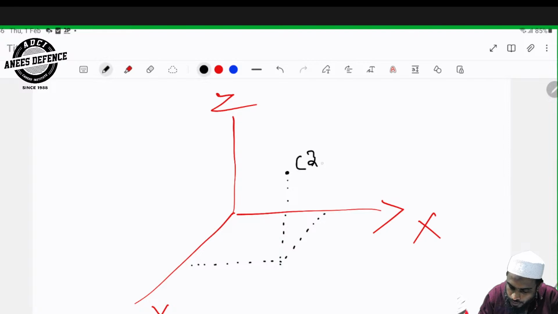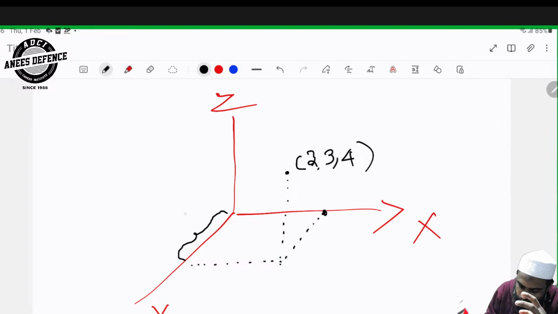2, 3, 4. So this is actually a point in free space. This distance is 3, because along the y-axis my point is 3 units in the y direction, and my point is at a distance of 2 units in the x direction.